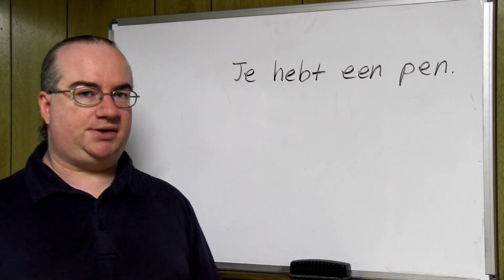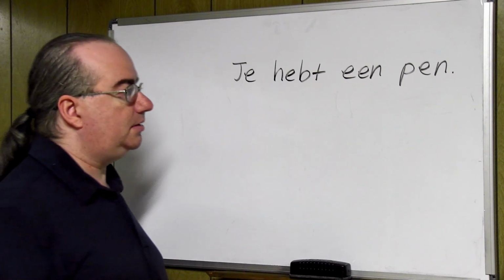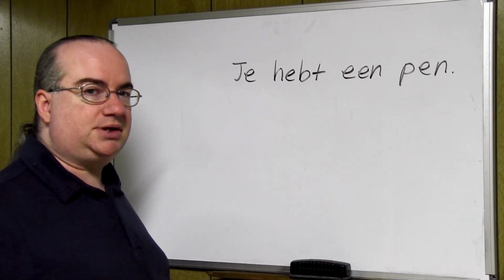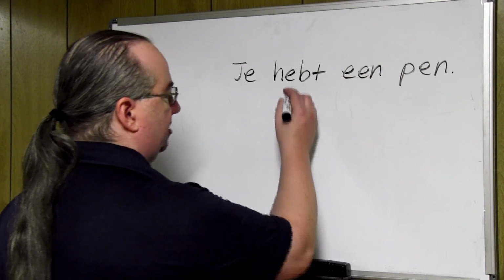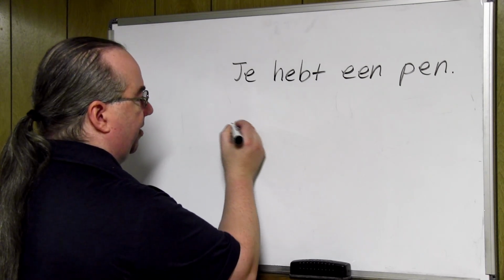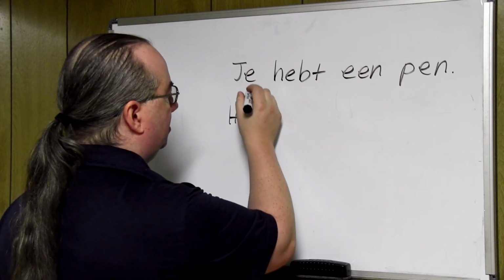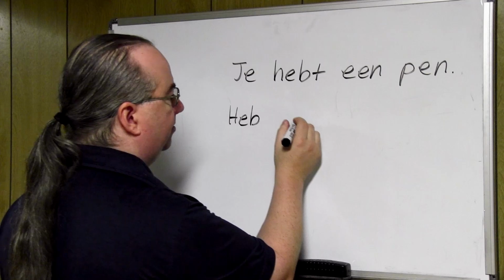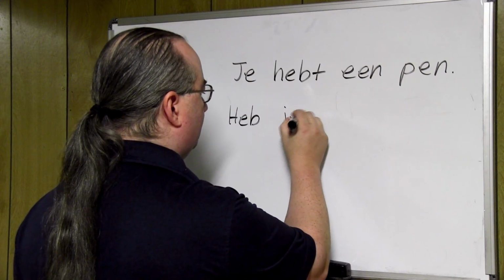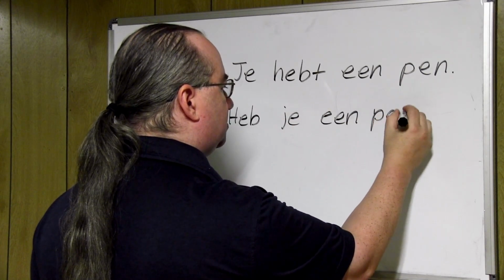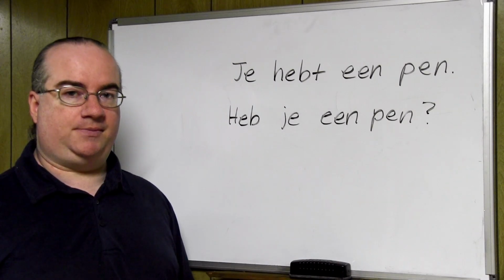And remember, if you want to create a question, you use inversion. We've done this before, but just as a quick review, we would take the hebt and bring it over here. And remember to leave the t off. Just say heb. And then bring the je and put it over here. And then finish off the sentence. Heb je een pen?